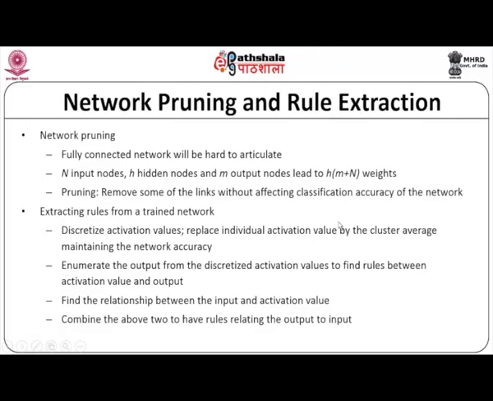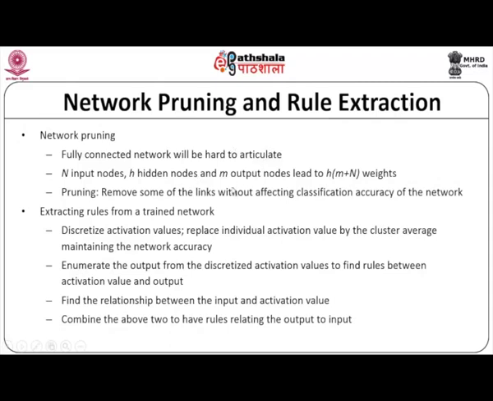Now, when neural networks are used in a classification environment, finally you end up with rules. These rules in turn may be used for analyzing or pruning the network which has been designed. So how may this network be pruned? When you have a fully connected network, it is sometimes very hard to articulate.